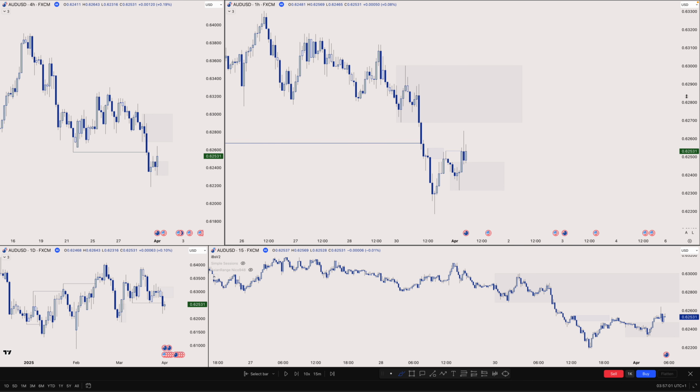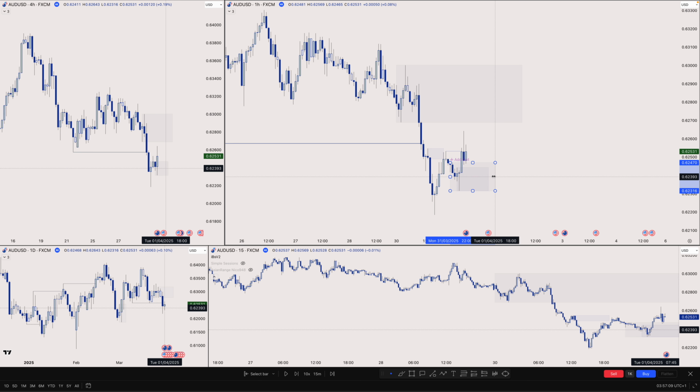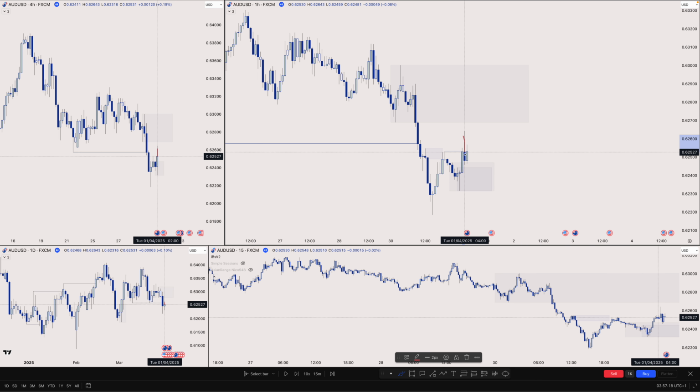Now what do we have? We have this fresh demand formed through some kind of sweep, right? If we go on the 1 hour time frame, PY, that's the 1 hour PY, right? So we never mitigated the supply. This is a clean bullish move followed by this kind of correction.